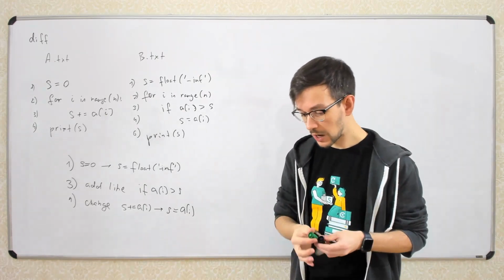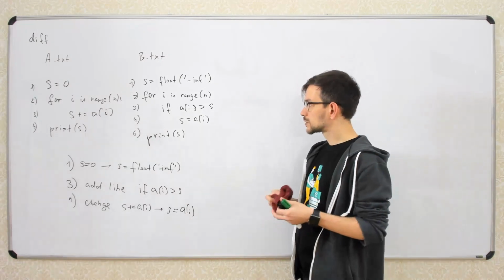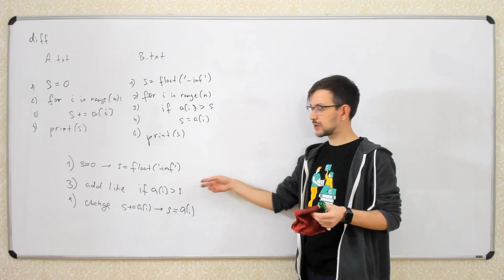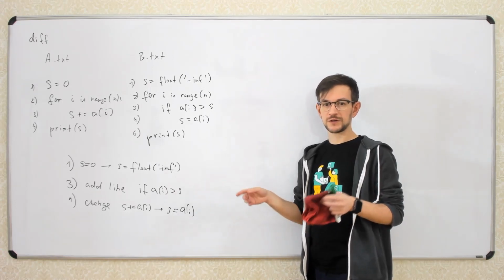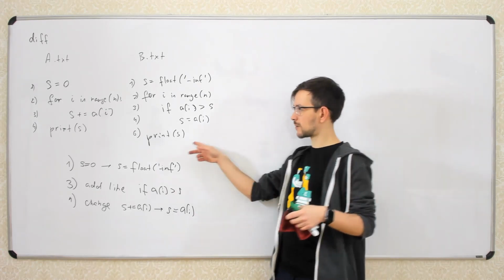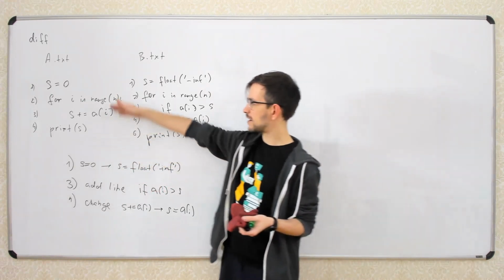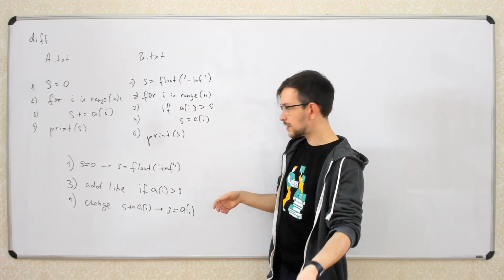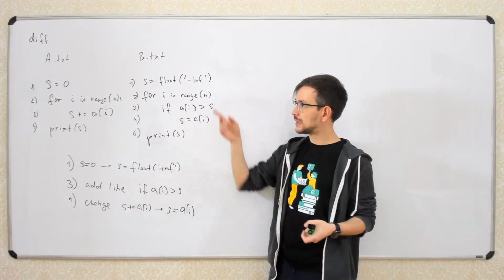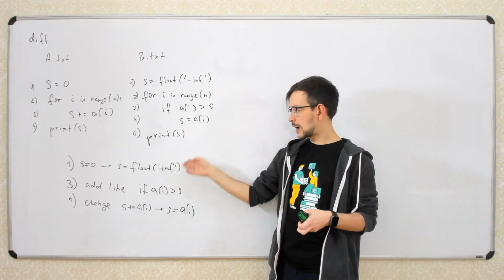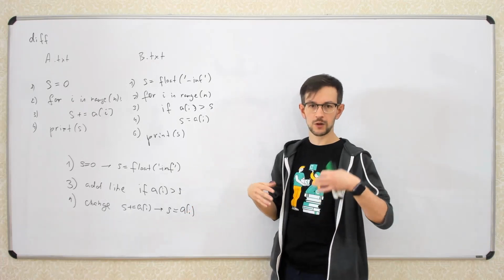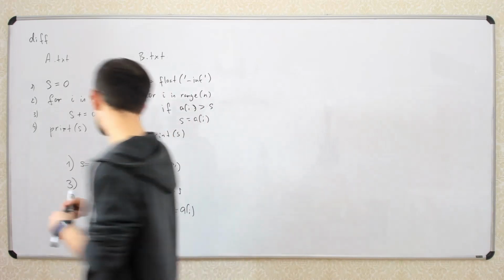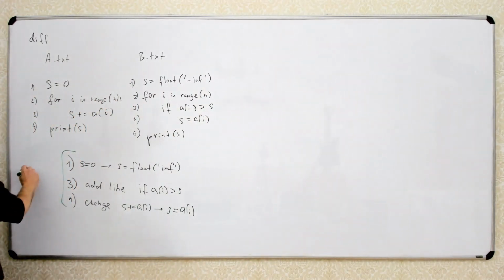So how does it work? Of course, the answer is not unique. There are different ways to produce this file from this file. For example, you can just erase all lines from here and add all lines from here. But that's not optimal. So the diff utility tries to produce the minimal possible list of changes.